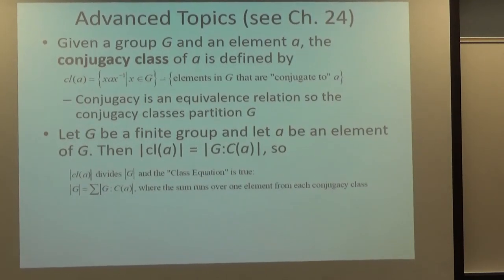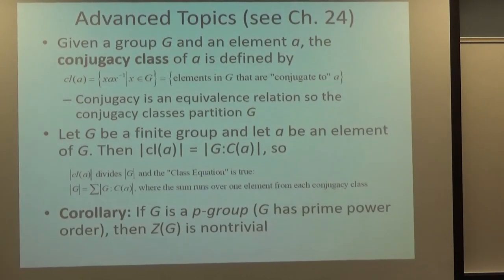The first thing it does lead you to, though, is a pretty interesting fact. If G is a P group, meaning G has prime power order, then the center is non-trivial. Talked about this kind of thing before with the GZ theorem, for example.